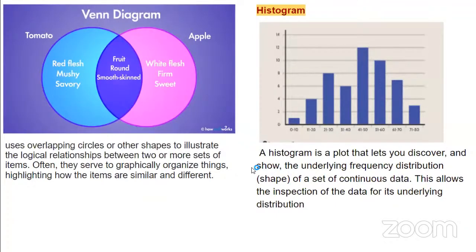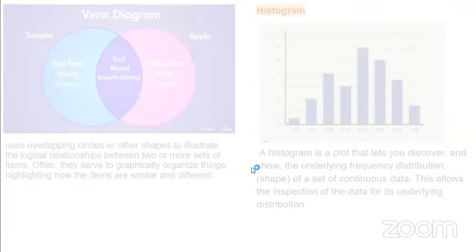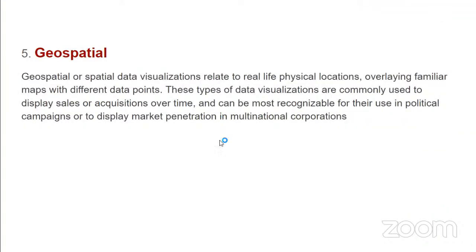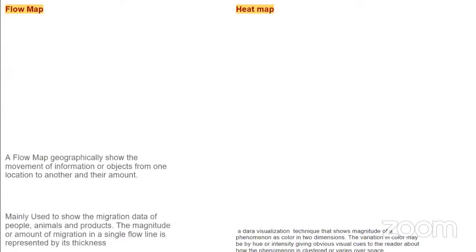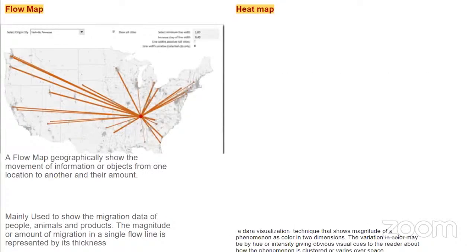Spatial data visualization relates to real-life physical locations, like familiar maps with different data points. These types of data visualization are commonly used to display sales or acquisitions over time and are most recognizable for their use in campaigns or to display market penetration in multinational corporations. Something like a flow map is a geospatial data visualization.